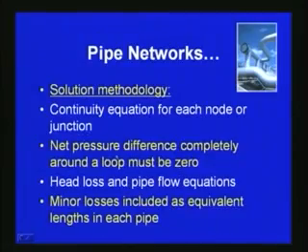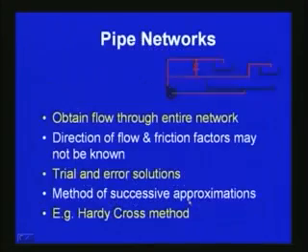So, we consider that the net pressure difference completely around a loop must be 0, and then the third point is the head loss and pipe flow equation, as we have seen earlier. We will be using the head loss equation and the pipe flow equation based upon the energy equations or the Darcy-Weisbach equation, and then the minor losses are included as equivalent lengths in each pipe.